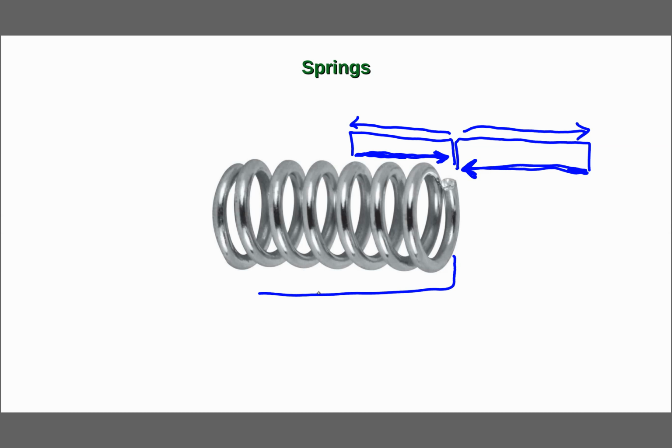So this is equilibrium for the spring. An equilibrium point is a point at which there is no net force. It's the point that the spring will just sit until something comes along and interacts with the spring and forces it to do something different.